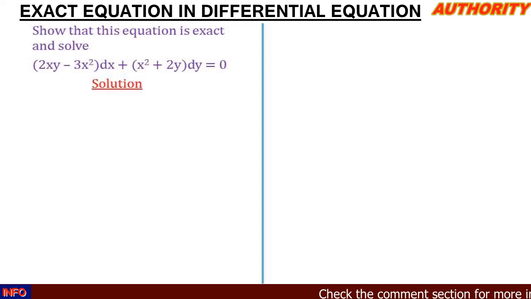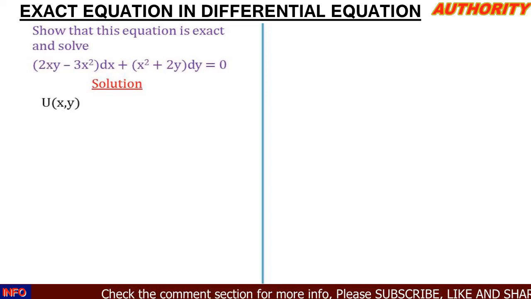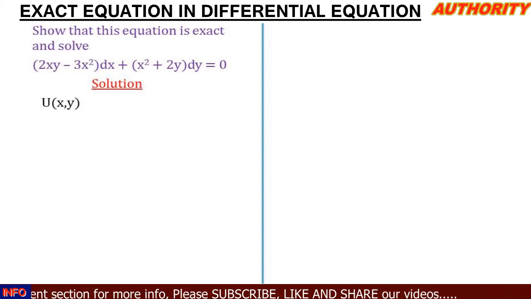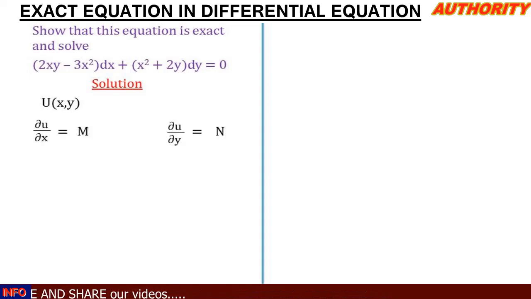Now, what do we mean by an exact equation? For instance, let's assume we have a function u of x and y. When we differentiate this function u partially with respect to one of the variables, let's say x, we are going to have another function.